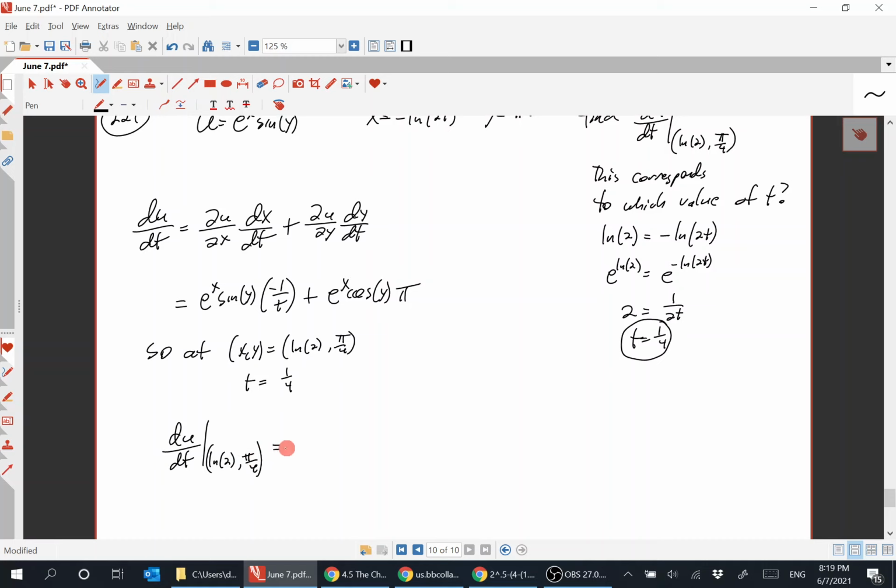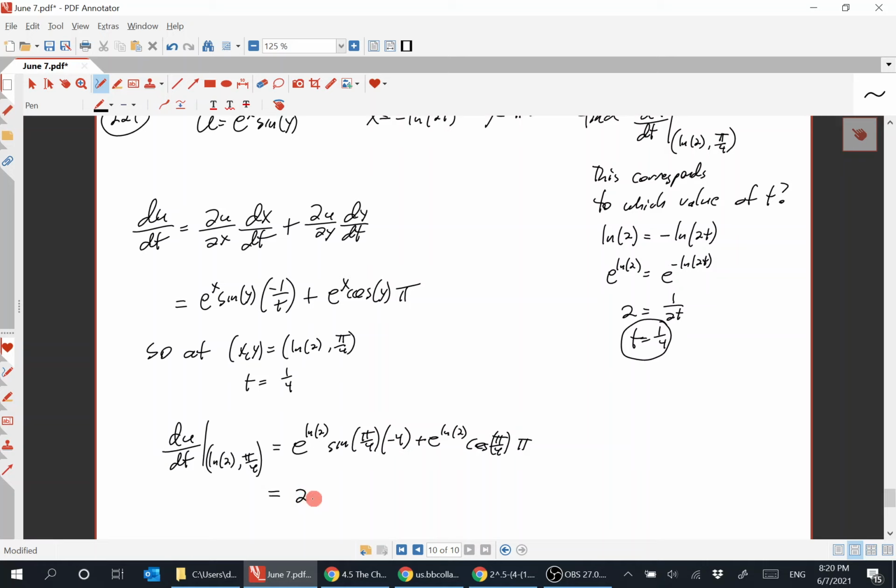is equal to, so e to the natural log of 2 sine pi over 4 times minus 4, plus e to the x again, e to the natural log of 2, cosine pi over 4 times pi.